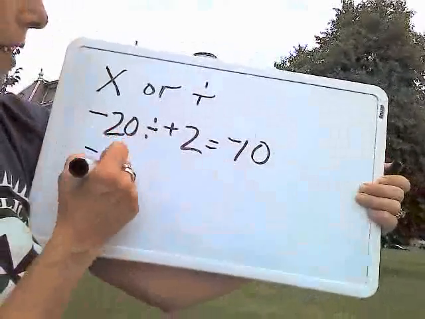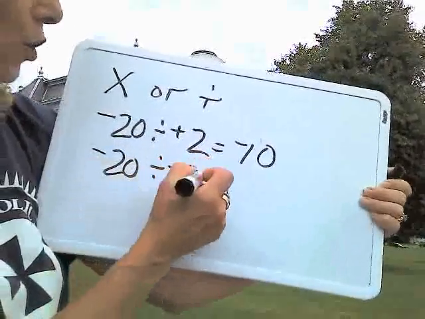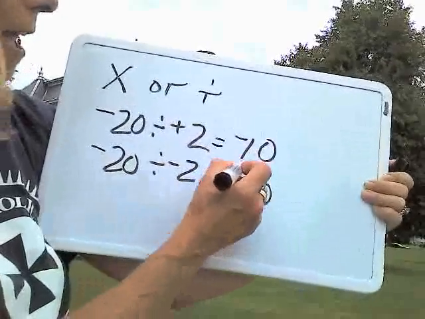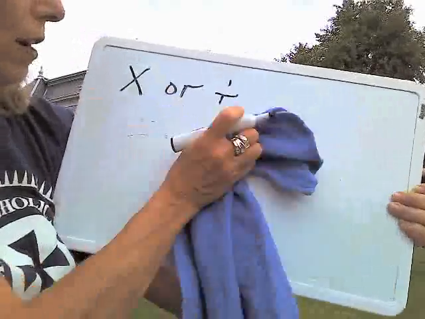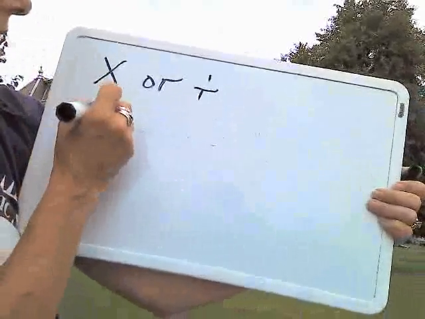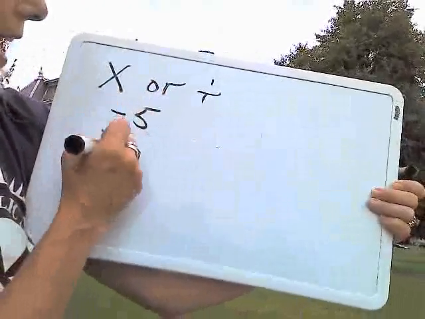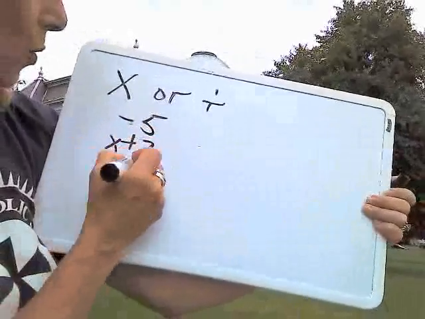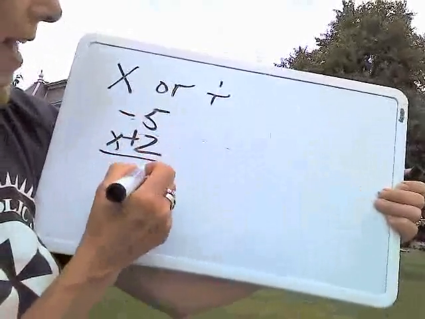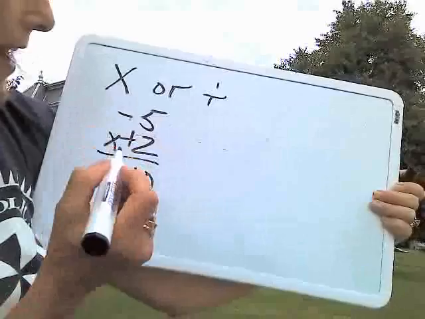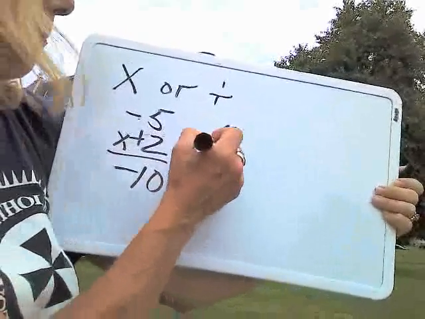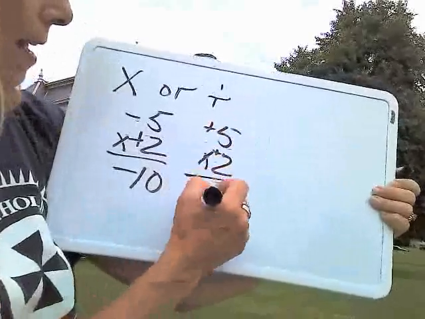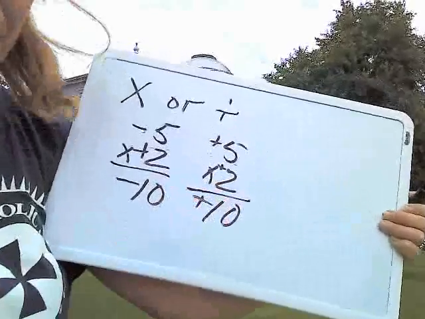If this would have been a negative 20 divided by a negative 2, I would have ended up with a positive 10. Same thing with multiplication. If I had negative 5 times a positive 2, I multiply, I get 10. Unlike signs, negative. If they were both positive, I would simply multiply them and get a positive.